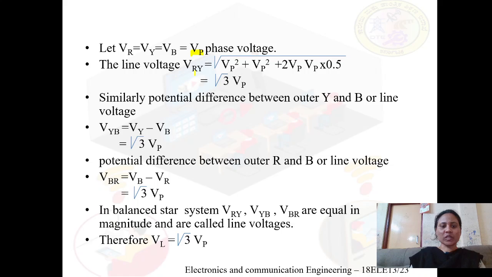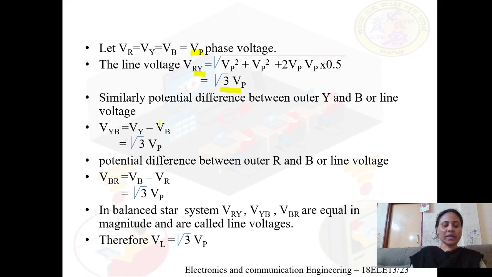So in this expression, let us replace all the phase voltages with Vp, and cos 60 is 0.5 or 1 by 2. Simplifying, we will get VRY as root 3 times Vp. What is VRY? Line voltage. Line voltage is equal to root 3 times phase voltage.